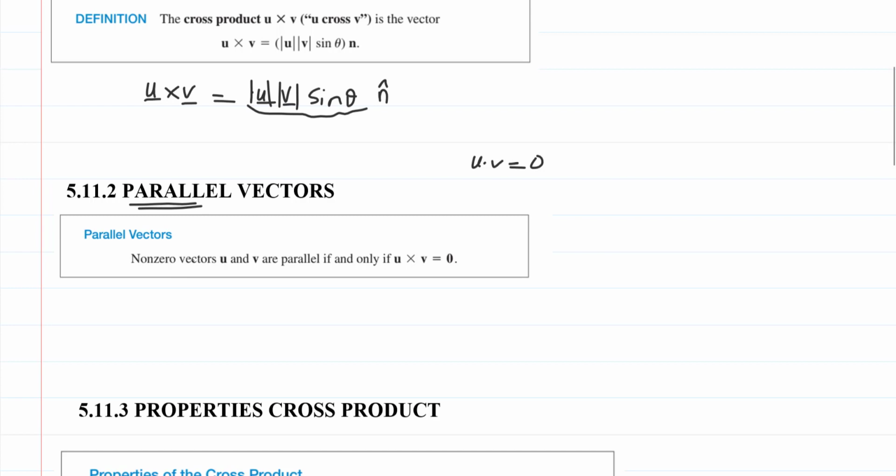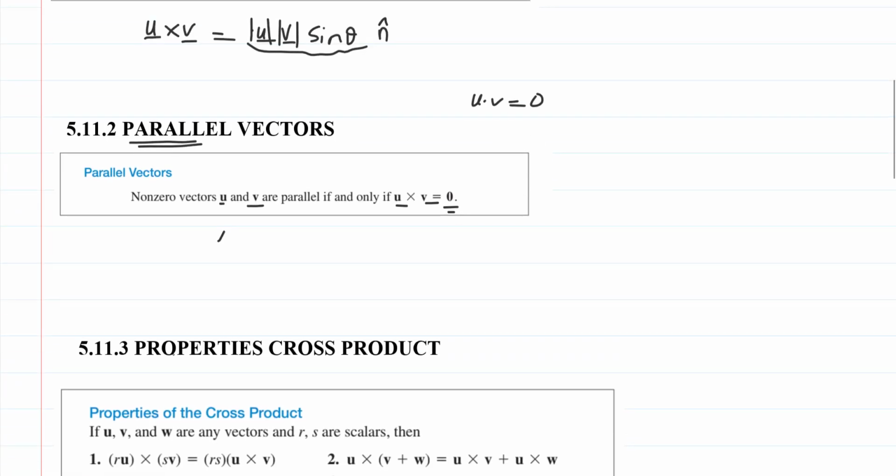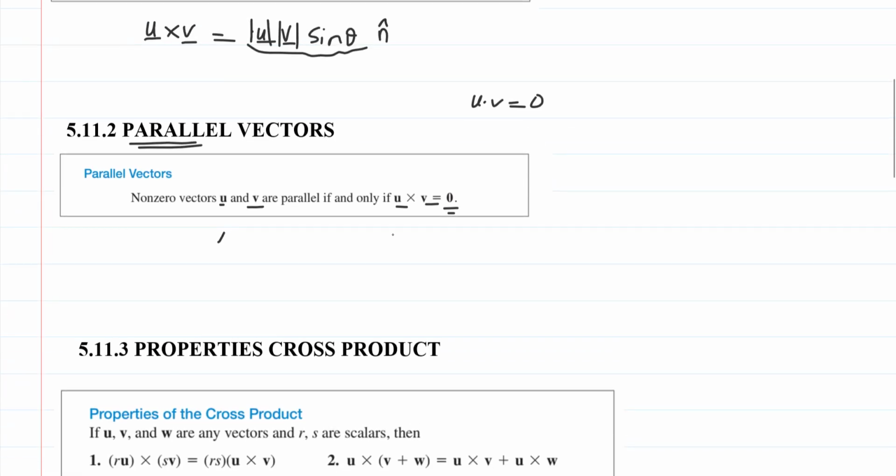So if you've got two non-zero vectors u and v, they are parallel only if u cross v is equal to 0. Which means if you're told to check whether two vectors are parallel, you just get their cross product, and if their cross product is 0, then what you have are parallel vectors. So that is a theorem that we can use. Okay, so maybe just to look at a few properties of the cross product.